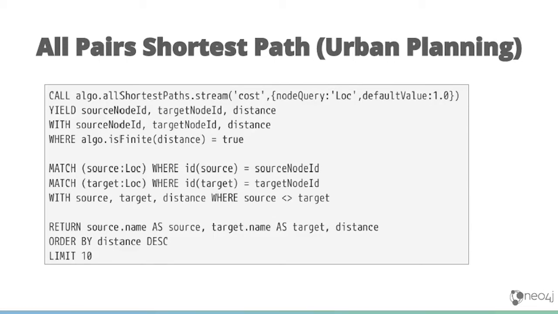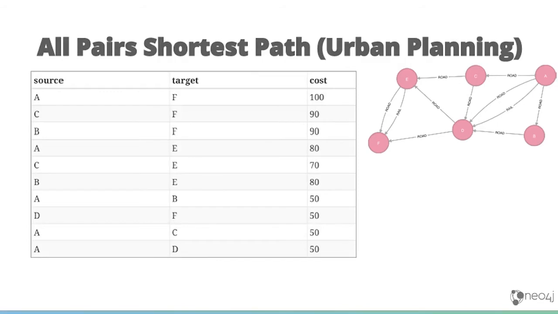So oftentimes when you get the results of the algorithms, you're going to do some further filtering or sorting using standard Cypher queries. And you get something like this. If we're trying to go from A to F, the cost of that is 100, and that's the sum of the cost weights on each of the paths between A and F, and similarly for the other pairs.